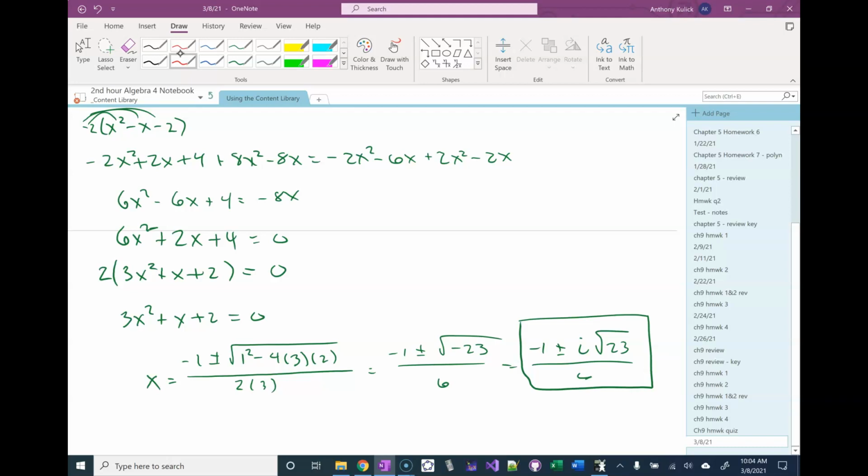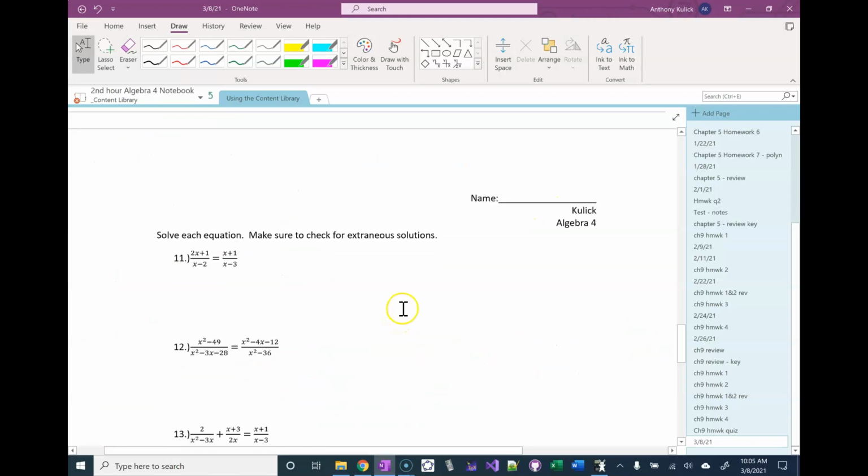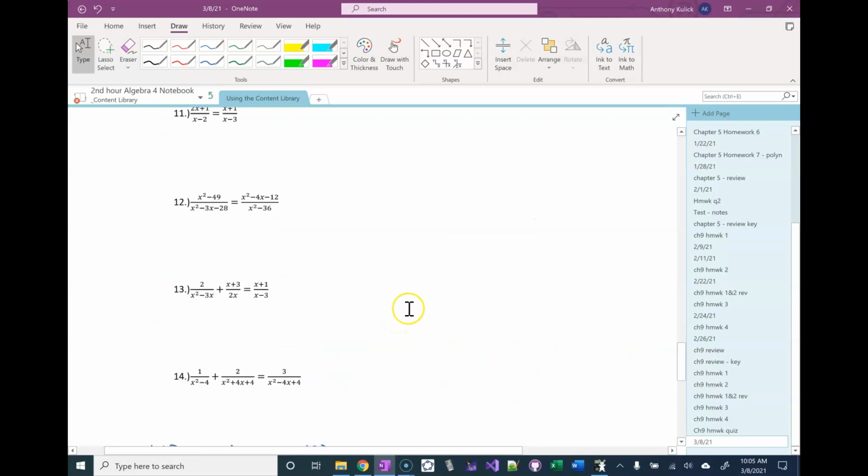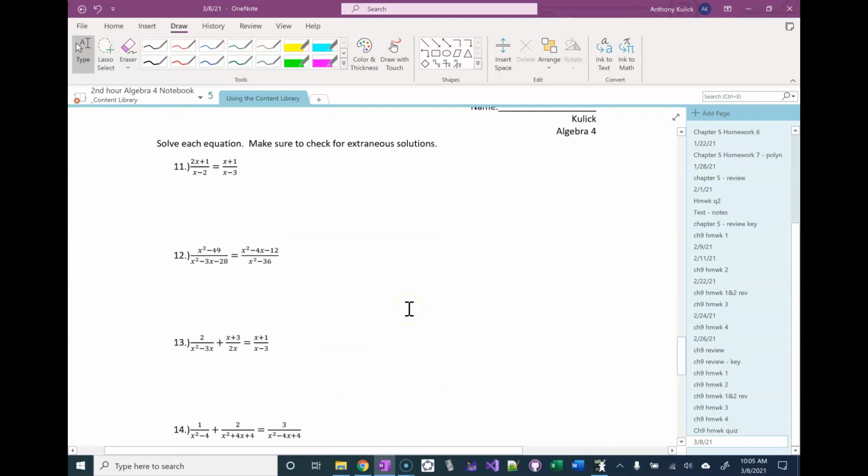If you don't have an x squared, you don't need to use the quadratic formula. And if you do have an x squared at the end, you might still be able to just factor it or solve directly. You might not have to use the quadratic formula, though you could. So if you have an x squared at the end, you can use the quadratic formula. If you don't have an x squared, you can't.